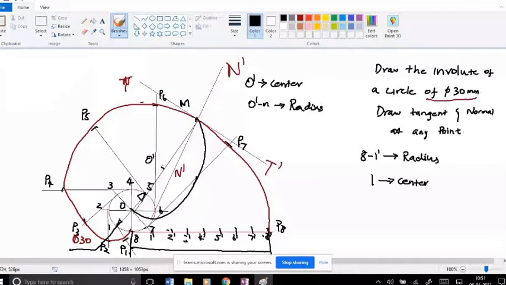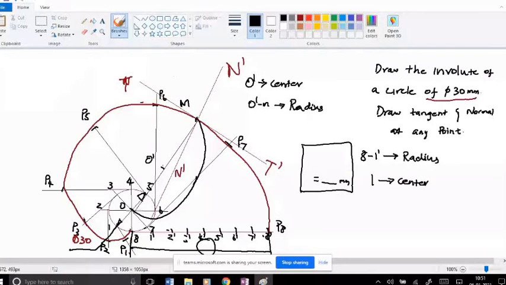You show the calculations here and mention the dimension here. Okay, so this is how the involute of a circle needs to be done.